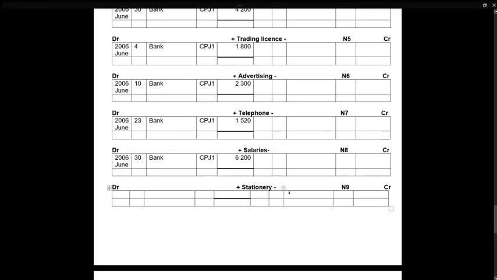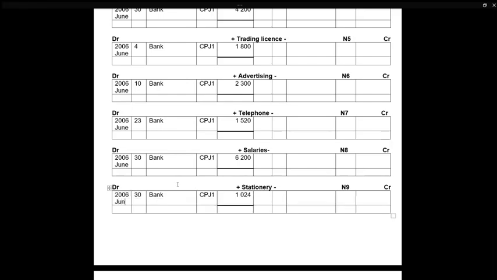The amount of stationery was 1,024 Rand. Where did I get the information from? CPJ1. Details will be bank. It's a total of a column, therefore 30th, last of the month, 2006 and June.